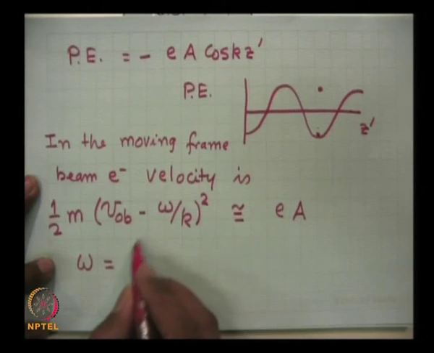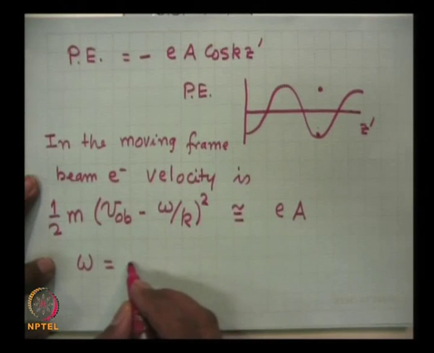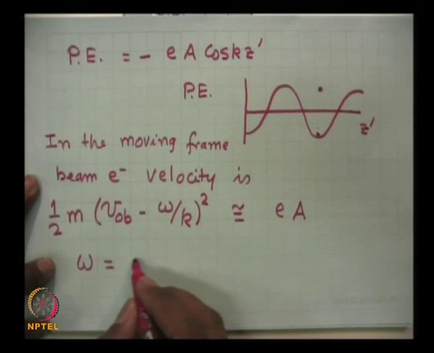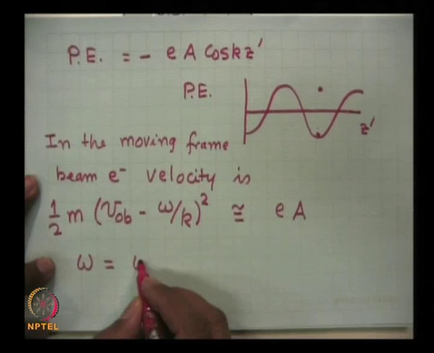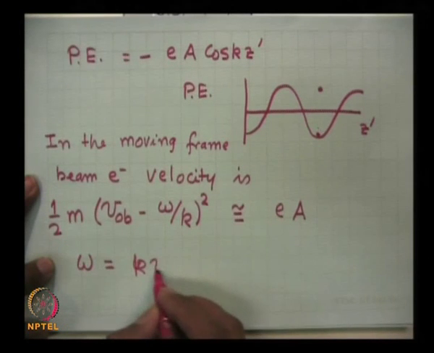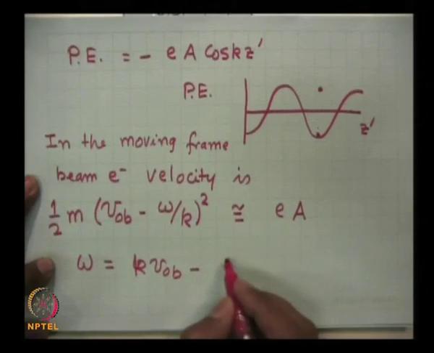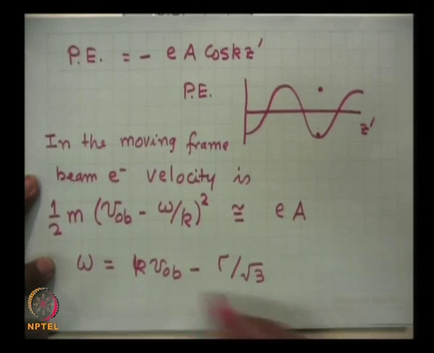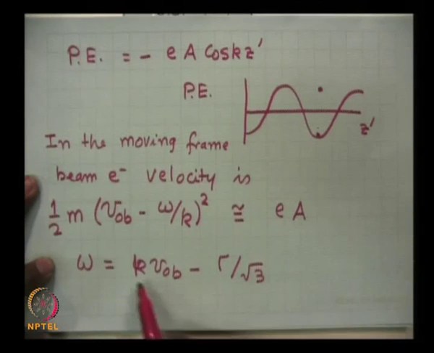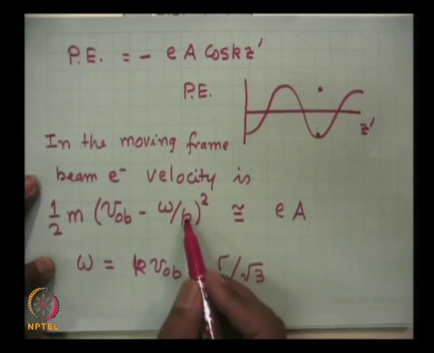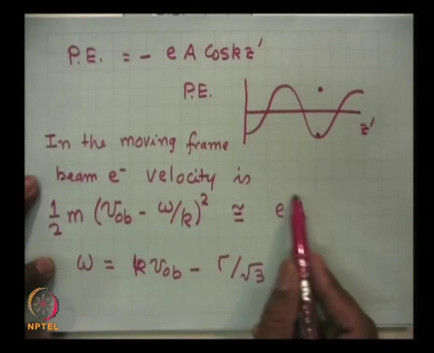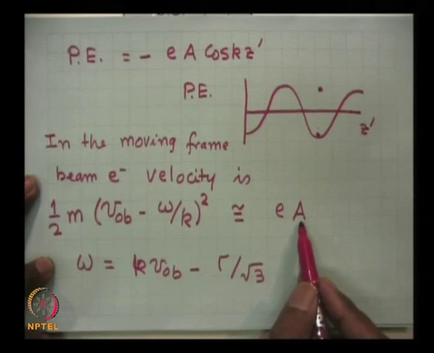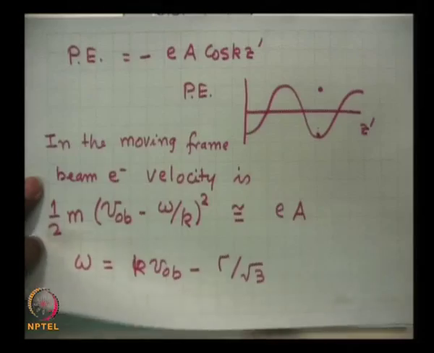So omega r by k we just calculated was omega p or k v0b minus gamma upon root 3. This is what we had seen. So use this value of omega in this expression, then you can get the value of A, the amplitude of the plasma wave, and the result turns out to be, let me write the result.